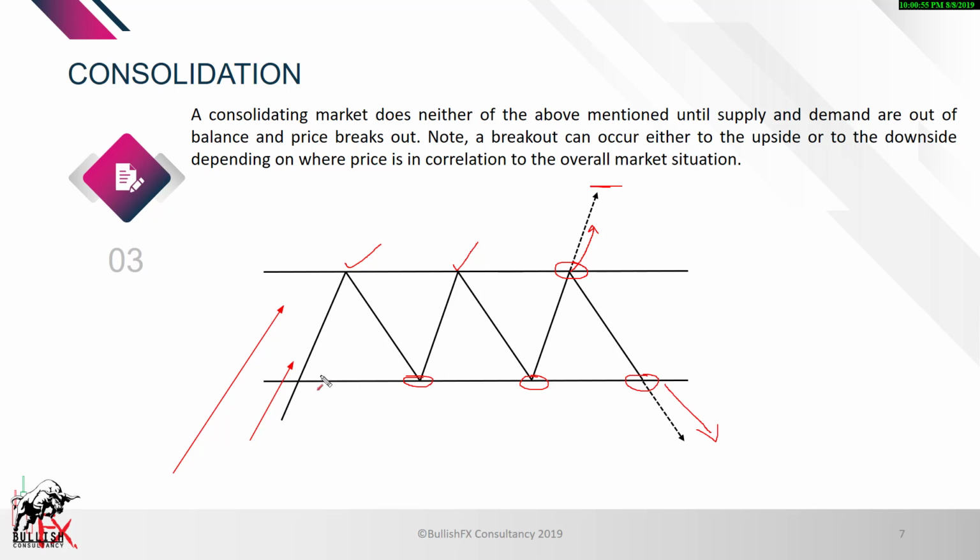The moment you get the market forming a range in a bullish momentum, then the better the chances are that if it breaks above, it will continue with this uptrend. You see, so the market will be coming.